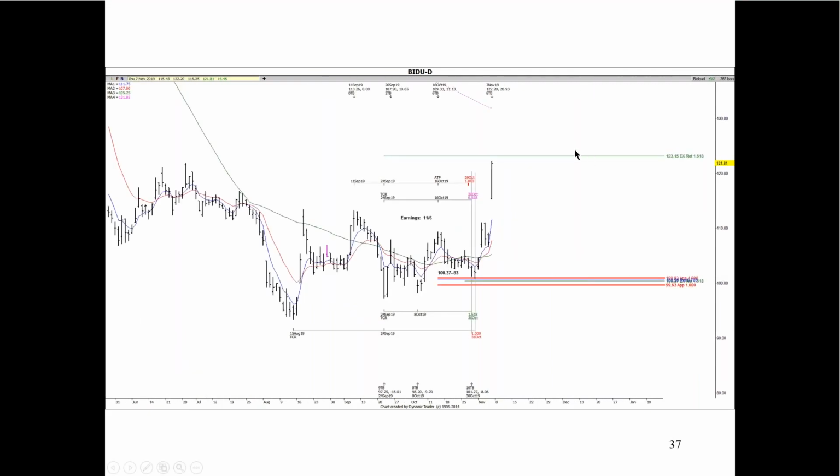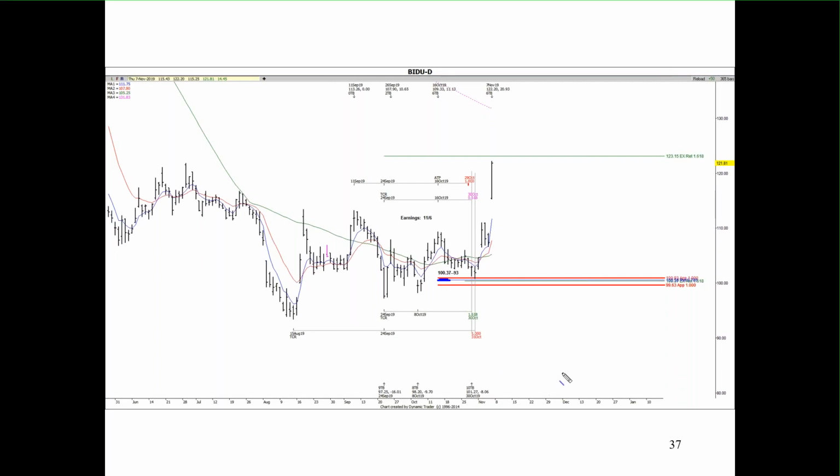Here's another example. This was a while back in Baidu, actually, October 30th. Okay, yep. Here you basically had key price support, 100.37 to 93, is where we had some symmetry plus a couple of other price relationships. But also, we didn't have all the moving averages on the right side.